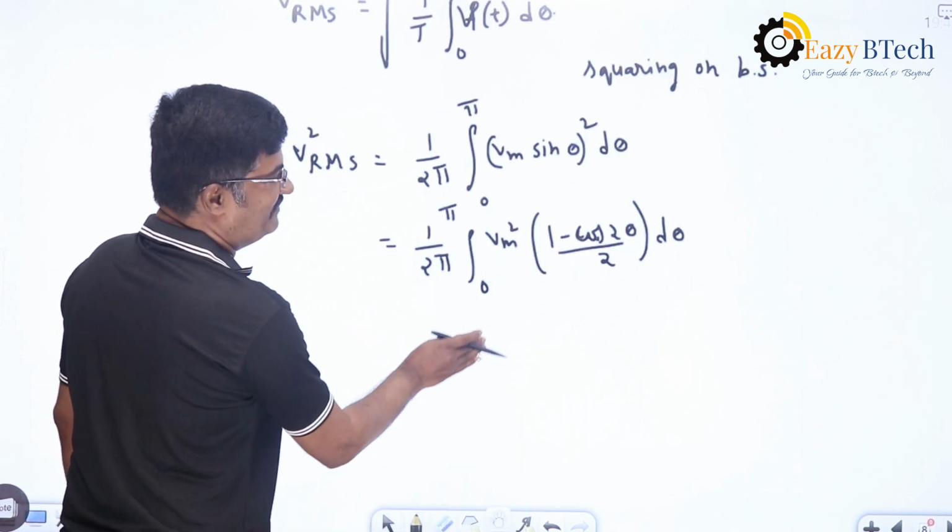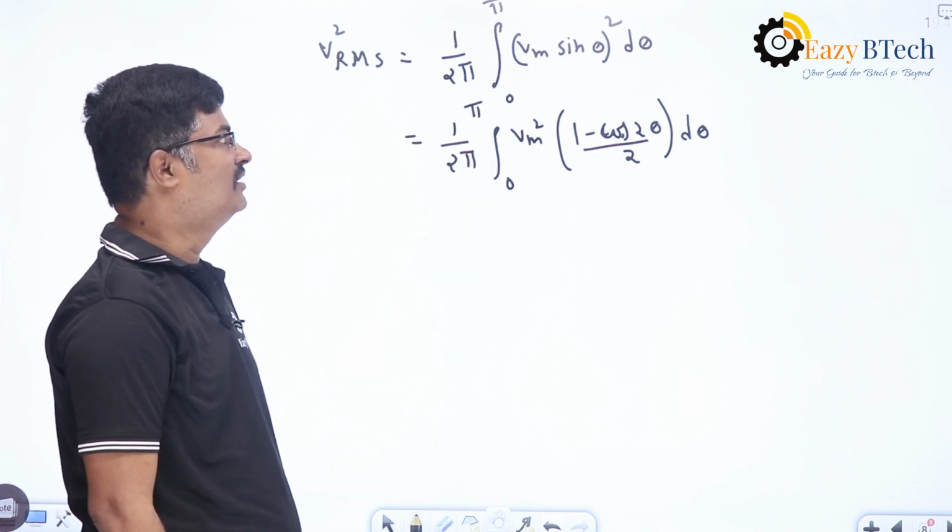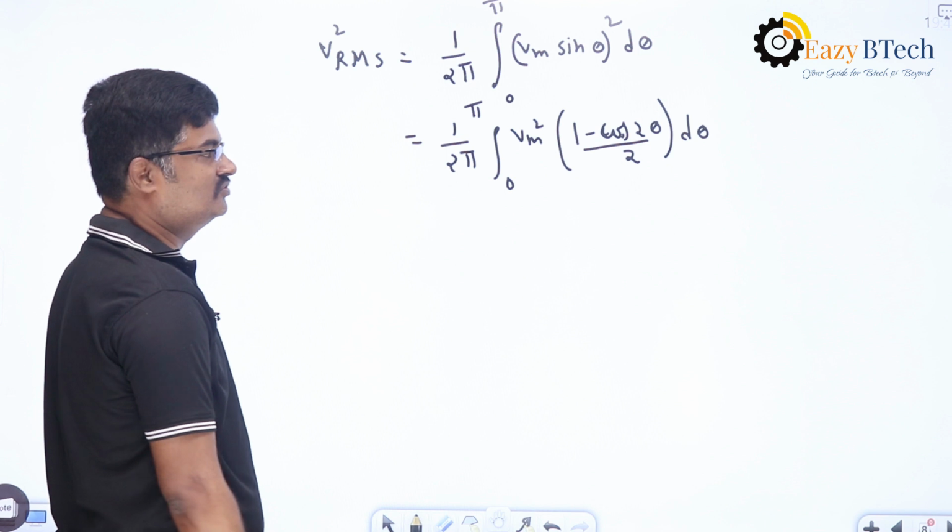Further, if I am simplifying, sin square theta can be written as 1 minus cos 2 theta by 2.